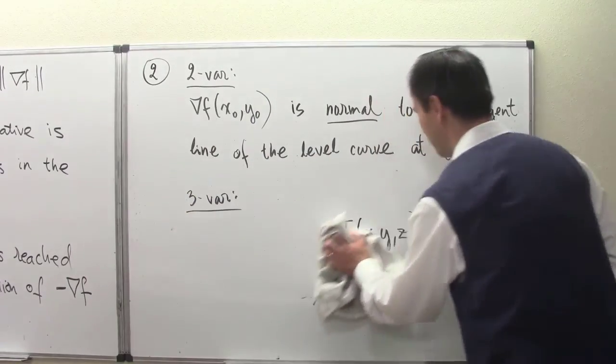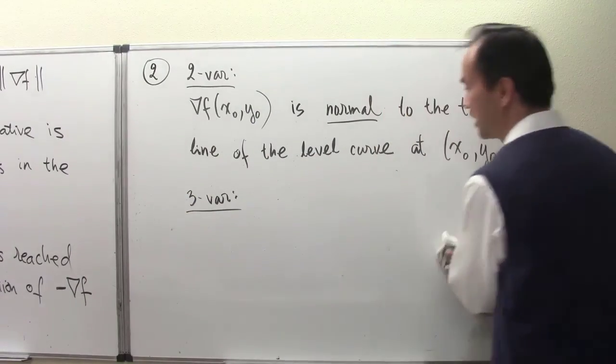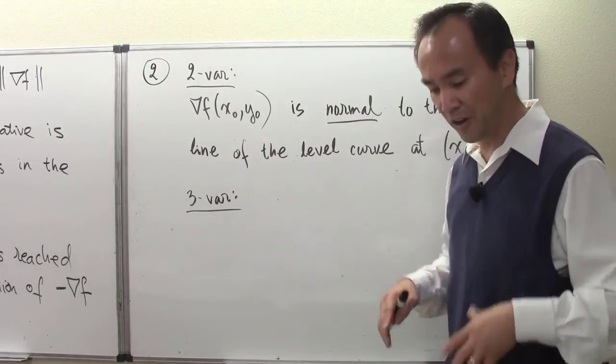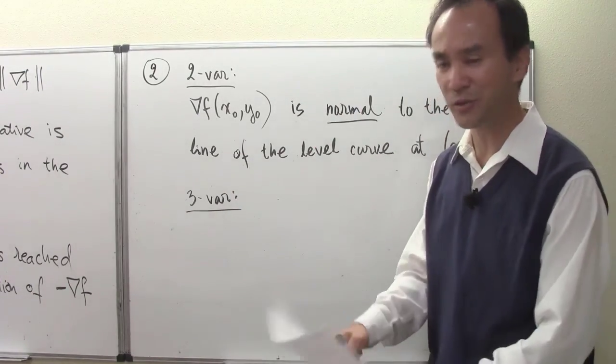Now we extend property number 2 to the case of a 3-variable function, and even a 4-variable function or more, but I can just stop at 3 variables.